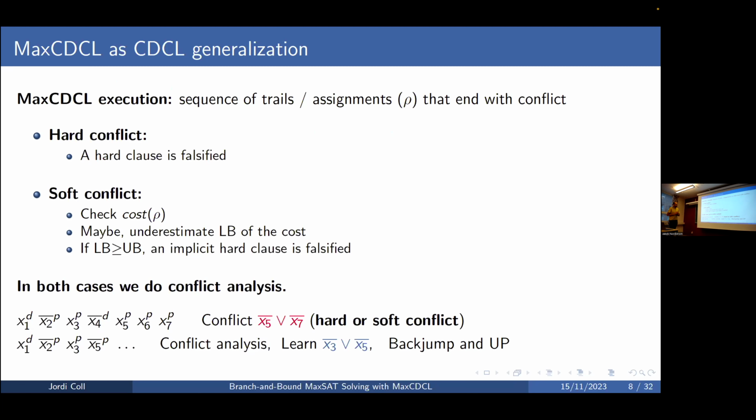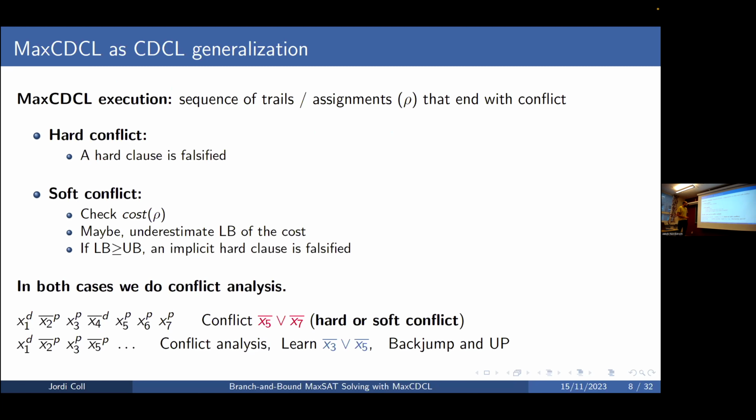The important part here to understand how MaxCDCL integrates clause learning is that it doesn't matter if it's a hard conflict or if it's a soft conflict, the reason why we backtrack. In any case, we will be falsifying a clause. Okay? If it's a hard conflict, it will be a clause that already exists in the formula. If it's a soft conflict, it will be an implicit clause.